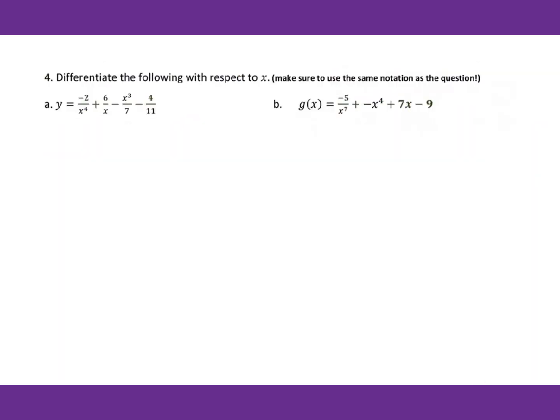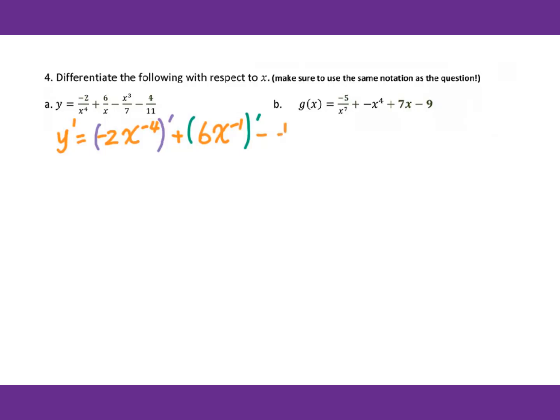Differentiate the following with respect to x. For A, we will do y prime equals negative 2x to the negative 4th power, we do derivative. Then plus 6x to the negative first power, we do derivative.